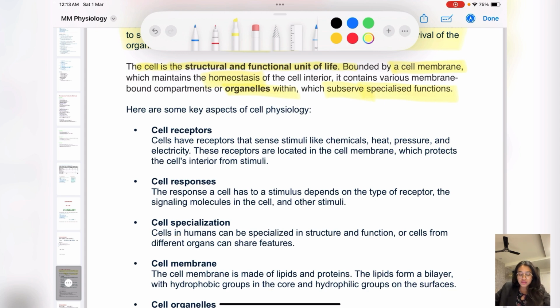Now, here are some key aspects of cell physiology. Cell receptors: cells have receptors that sense stimuli like chemicals, heat, pressure, and electricity. These receptors are located in the cell membrane, which protects the cell interior from stimuli.